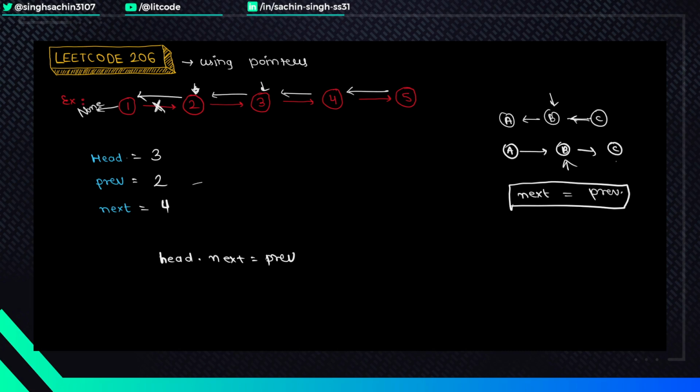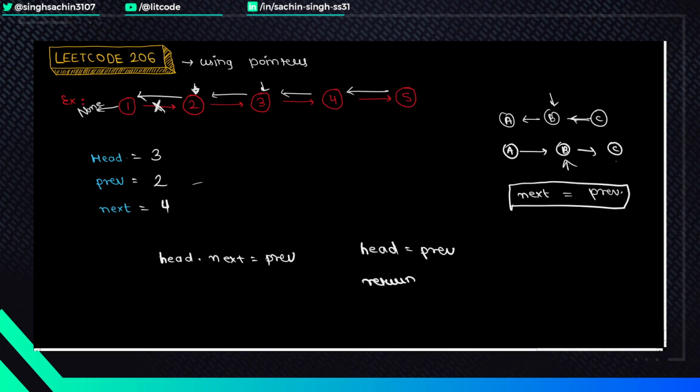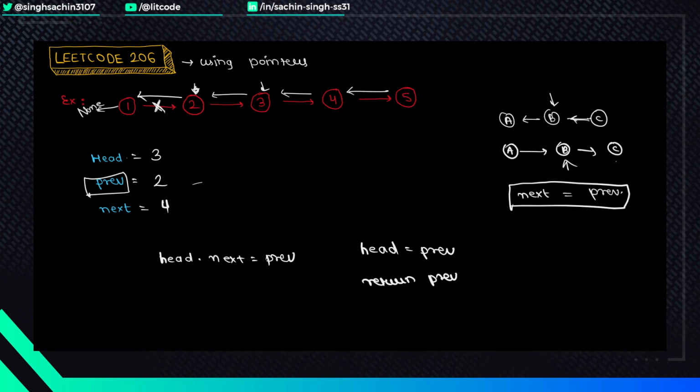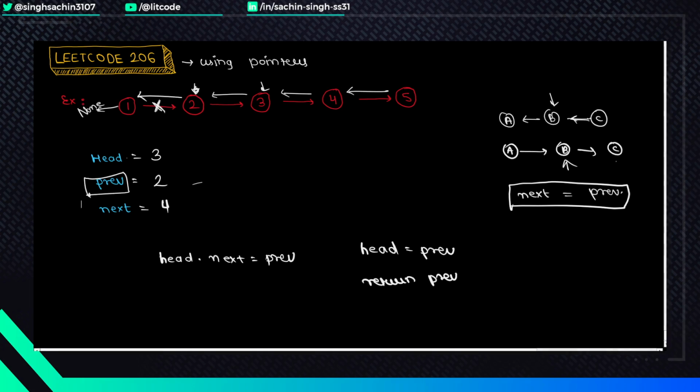At the end, you can simply return the previous element, because if you follow the same steps, this will be the element pointing to the last element. So let's check out the code as well.